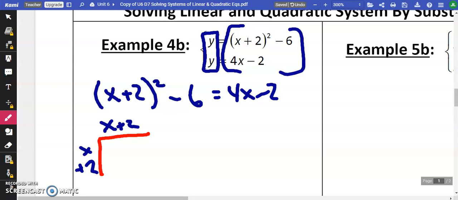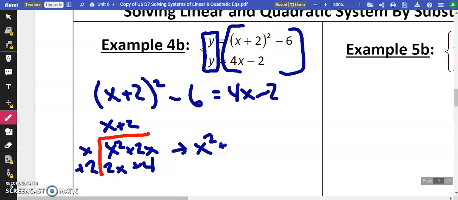On our top row, we're going to have x squared and 2x. On our bottom row, we're going to have another 2x, and then 2 times 2 to give 4. So my multiplication, when I simplify the inside of the box, turns out to be x squared + 4x + 4. I'm going to go ahead and replace that in the parentheses in the original equation.